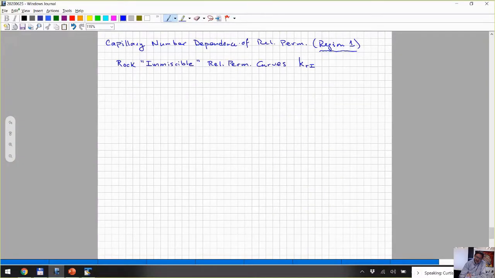And these would correspond to what I'm going to refer to as the capillary number, whose symbol is NC, approaching 0 or equal to 0.